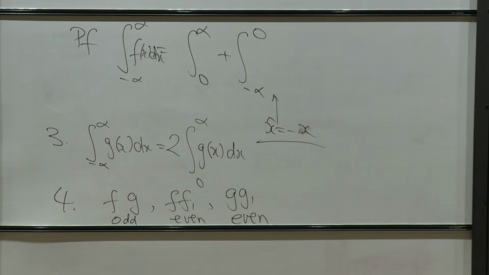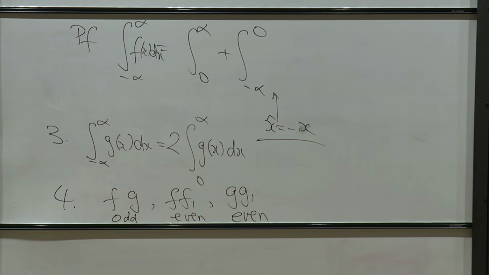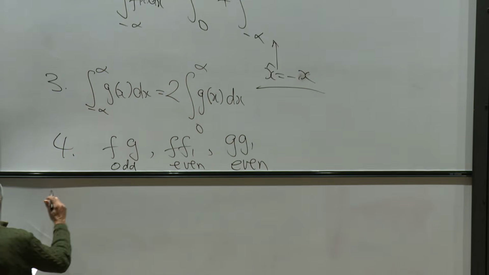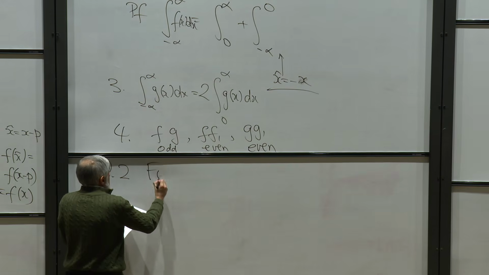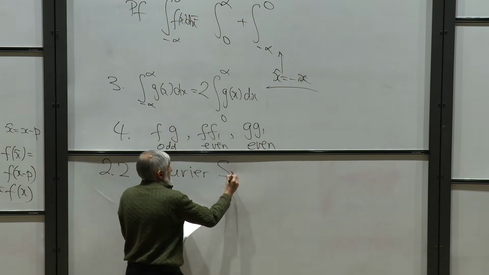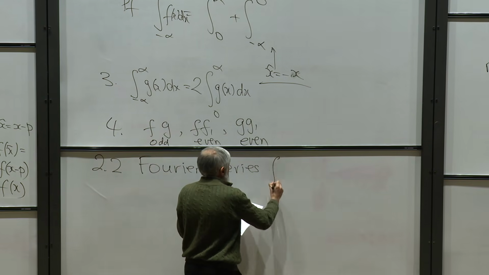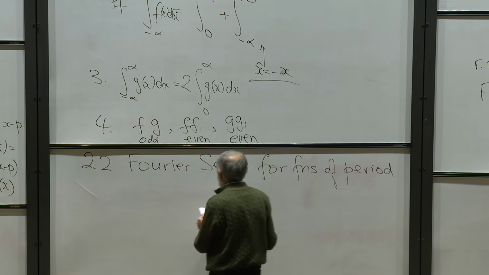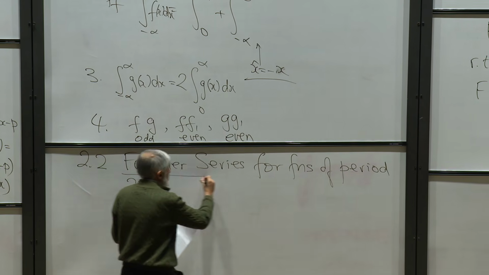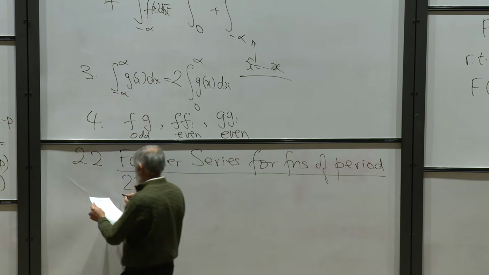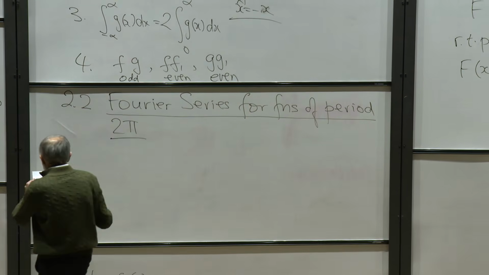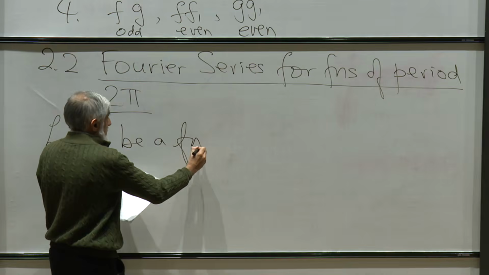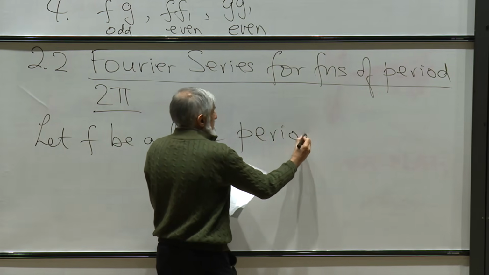And so now finally we get to Fourier series for functions of period 2 pi. So let f be a function of period 2 pi.